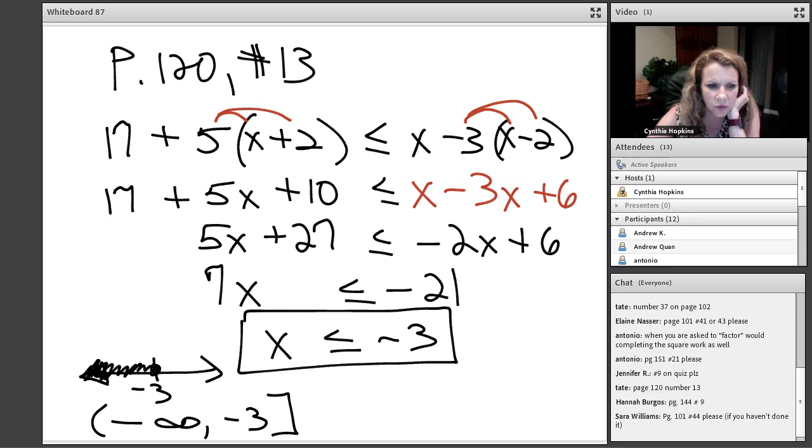And so when I go to write my interval notation, I'm going to go left parenthesis, negative infinity, comma, negative 3, bracket. And there's my answer. Okay, you don't have to graph that if they didn't ask you to, but I just think it makes writing interval notation so easy.